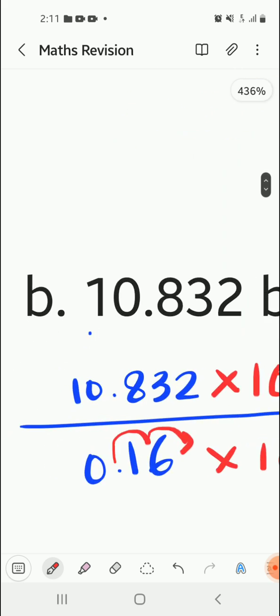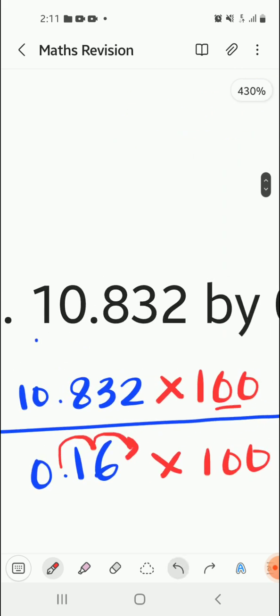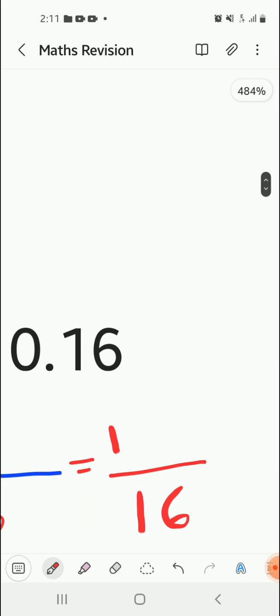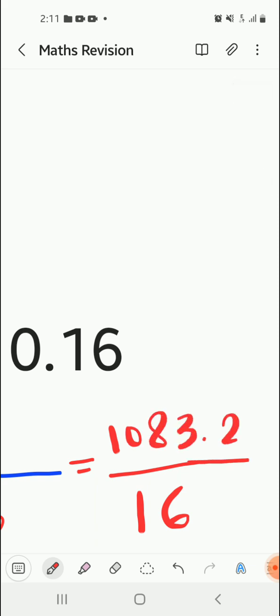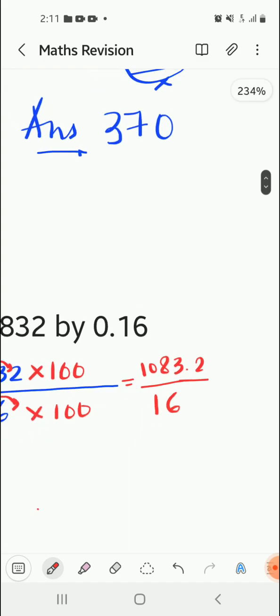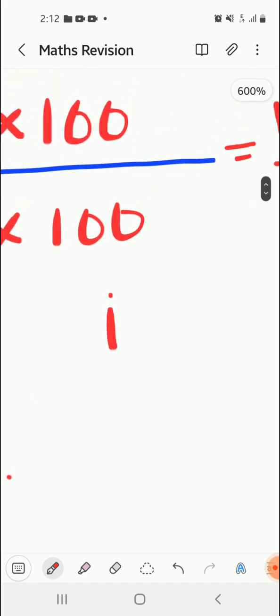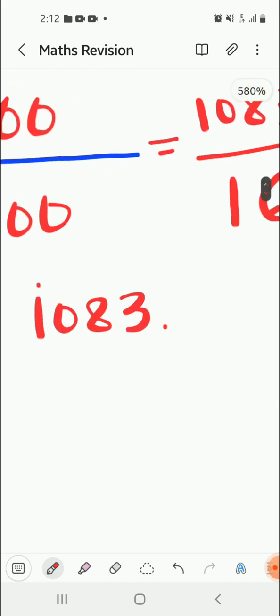Here again there are 2 zeros. So the decimal point will shift twice to the right. So once and twice. So it will become 1083.2. That is 1083.2. Now we are going to divide. Let's do it. 1083.2.